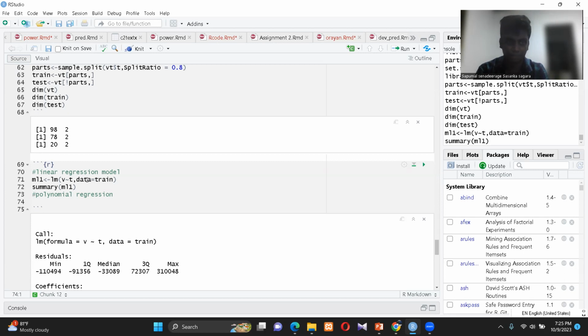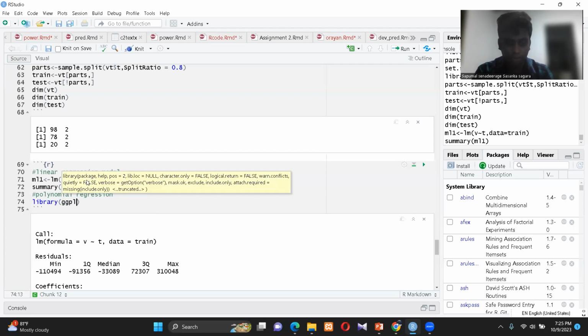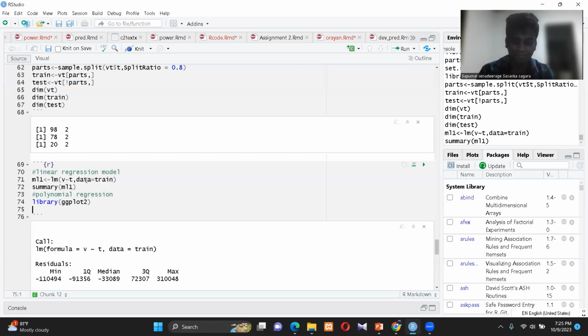In order to perform a polynomial regression, I want to find out what would be the better degree of the polynomial function if there is, right? Okay, so I will use ggplot2 as usual, right? I think this was not shown earlier, right?